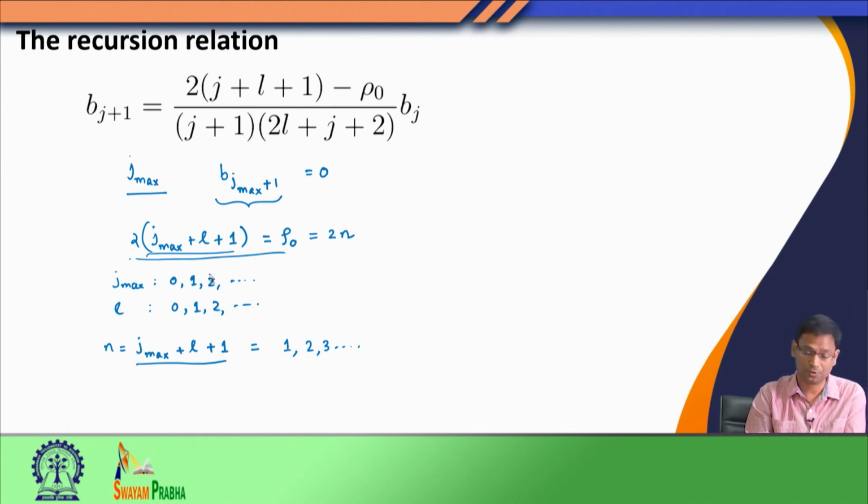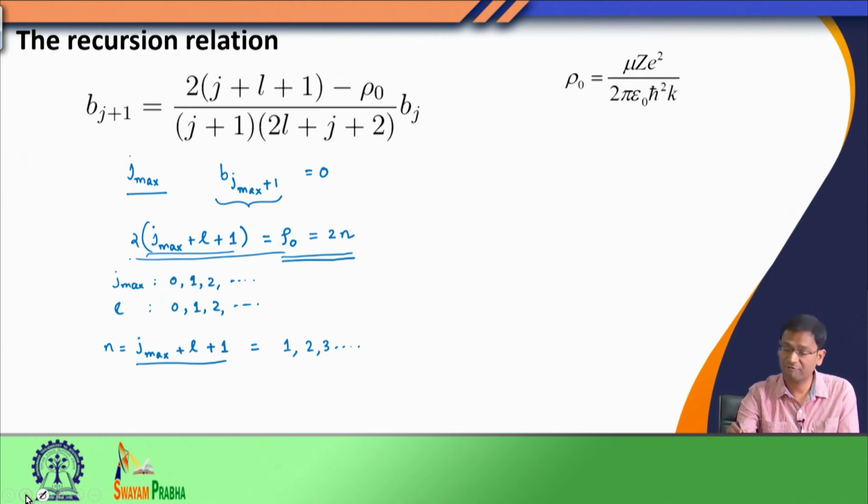So, the lowest possible value of n is 1 and not 0. Now, we have this new condition that the series will truncate when rho 0 is equal to 2n. Now, let us see what our rho 0 is. We had defined this rho 0 as mu, which is the reduced mass of the system.